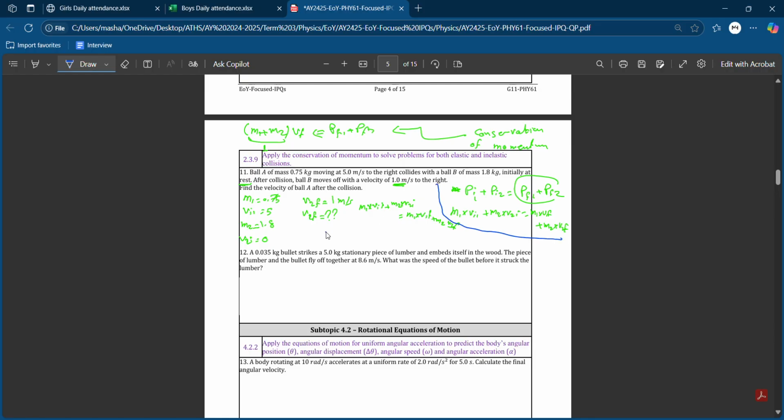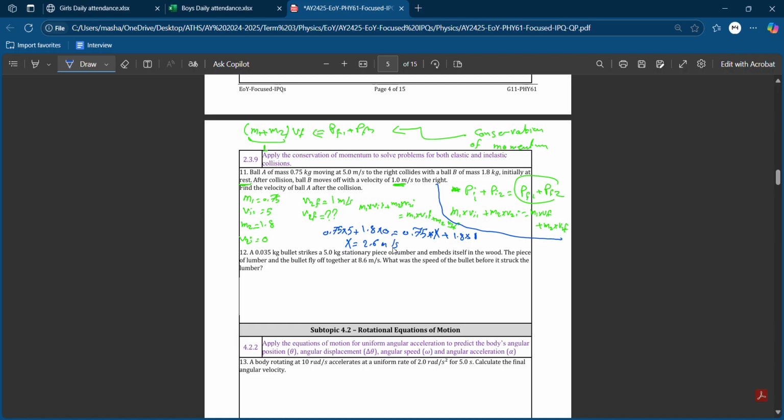So mass 1, which is 0.75, multiplied by V1, 5, plus mass 2, 1.8, multiplied by V2, which is 0, equals mass 1, it doesn't change, 0.75 times V1 final, which we need to find, let's consider it as X, plus mass 2, it doesn't change, 1.8 times V2 final, which is 1. You can do shift solve, or you can collect the terms mathematically. X, which is V1 final, equals 2.6 meter per second.